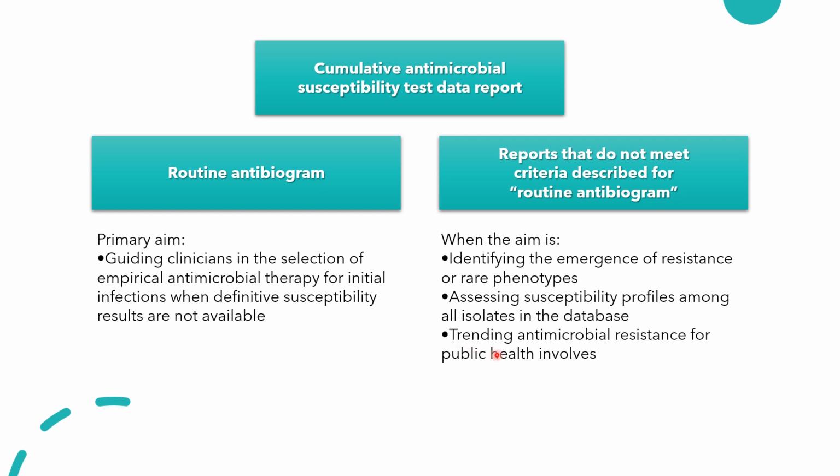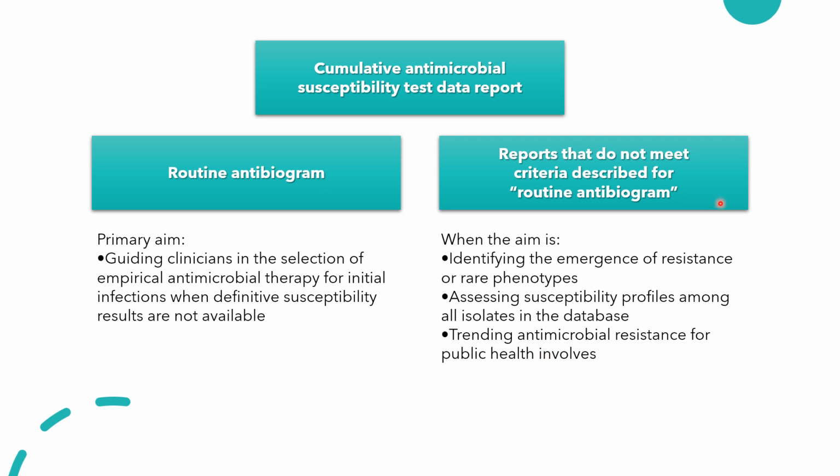Also, and this is outside the scope of a routine antibiogram, we can find trending antimicrobial resistance. For example, the development of ceftazidime resistance in Pseudomonas aeruginosa strains present in this hospital.